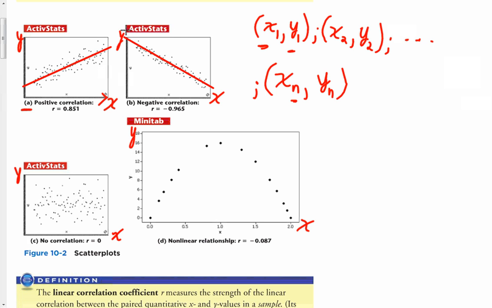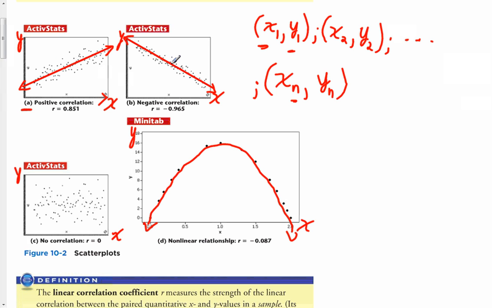And here, there seems to be a correlation, but it doesn't seem to be that of a line. In this case, the correlation would seem to be like a parabola, kind of. This would be what I would call a quadratic correlation. So here we have two linear correlations, one with a positive and one with a negative slope. Here's the positive slope correlation.